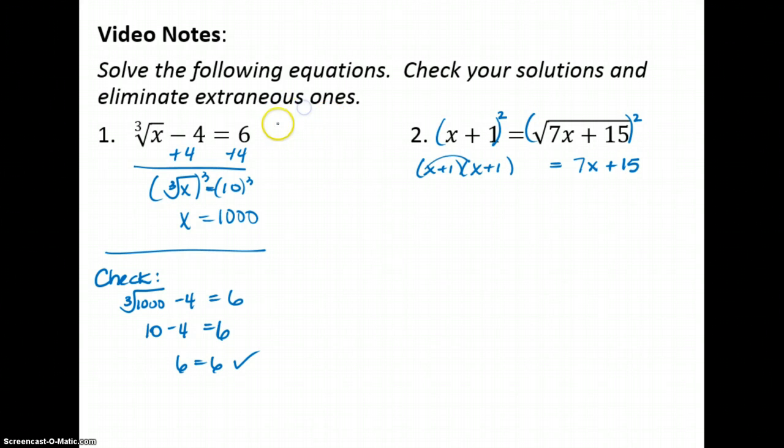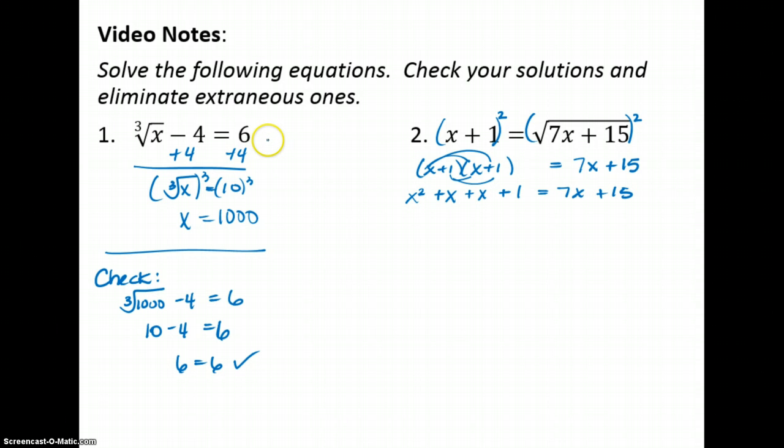So I get x times x, which is x squared, plus x plus x plus 1 equals 7x plus 15. Let's look at this step and see what we've created. We have an x squared, a bunch of x's and some constant terms. If you're thinking we've created a quadratic, you're exactly right.